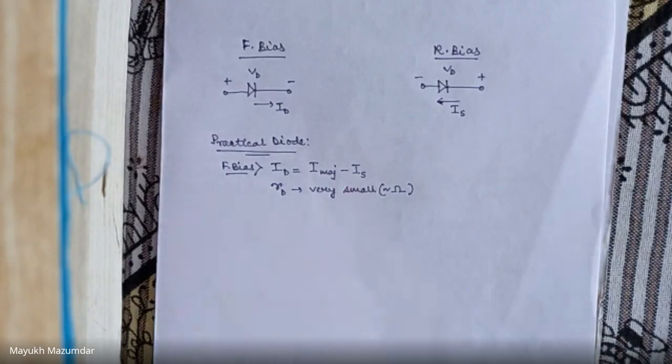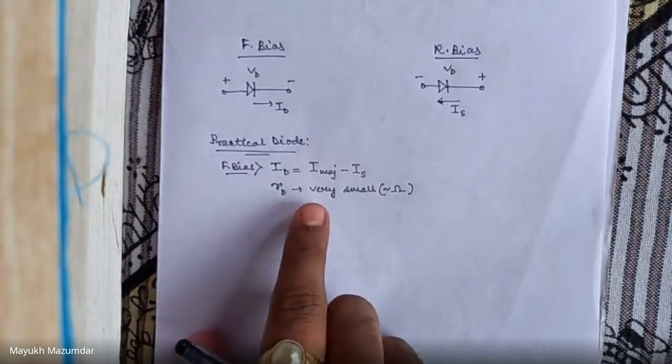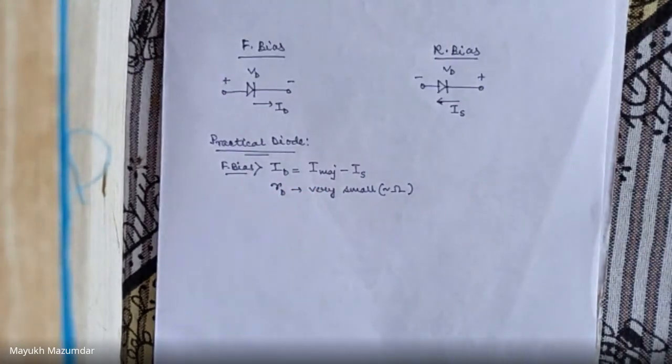This can be measured by using a multimeter, if we have a very good multimeter, as we have in our lab, in fact. So what does this mean? That in the forward bias, the diode offers very small resistance, but not zero. Clear, everyone?